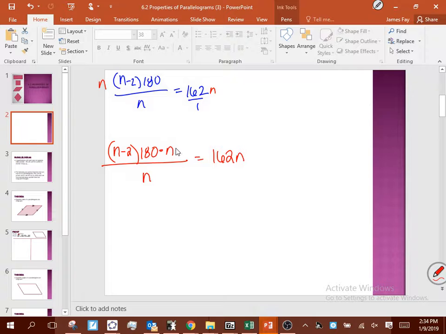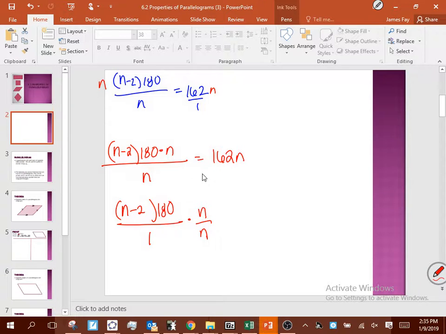But we can rewrite the left-hand side as n minus 2 times 180 over 1 times n over n. If we use our rules of multiplication with fractions, does that still give me that?